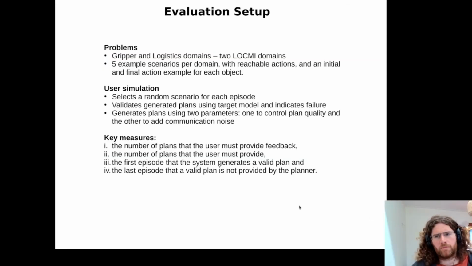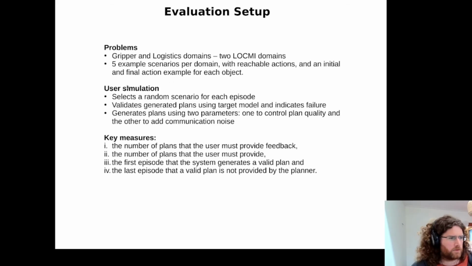So we've implemented a prototype and done some evaluation, and we're using gripper and logistics domains, which are both Lockham 1 domains. We've used 5 example scenarios, and we've given reachable actions, and we're using actions to describe the initial and goal states.